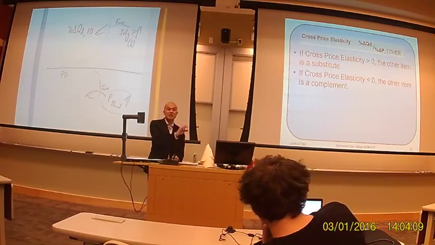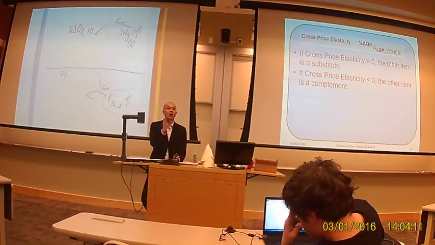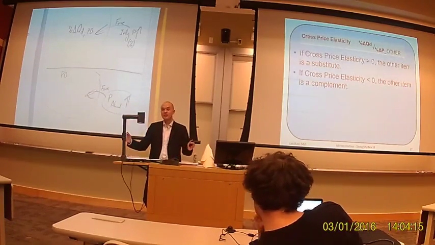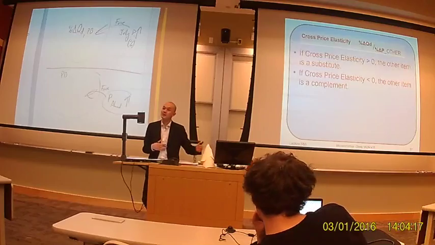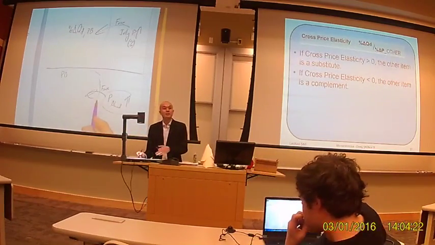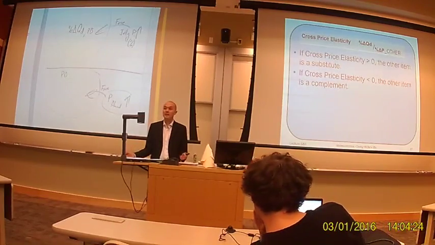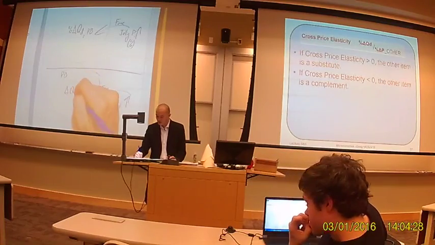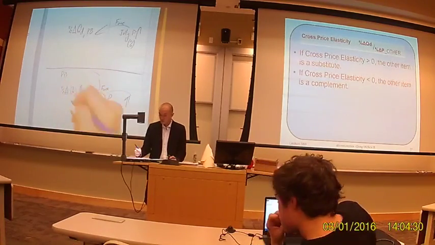And we're holding the price of peanut butter constant, holding all else constant. If there's an almond shortage, California falls into the ocean because of the earthquake, no more almonds, people are going to buy more peanut butter because there's no almond butter. So here, we're going to have the percent change in quantity demanded go up.